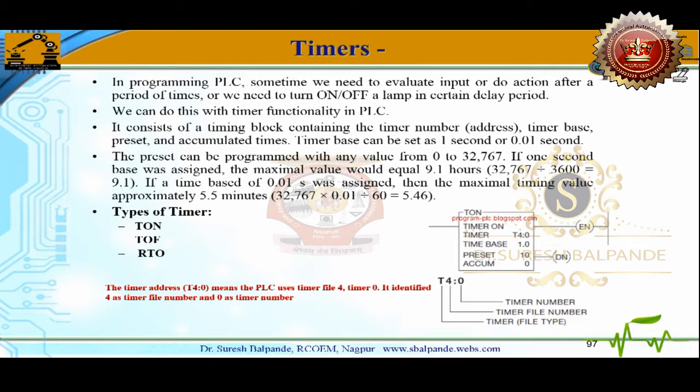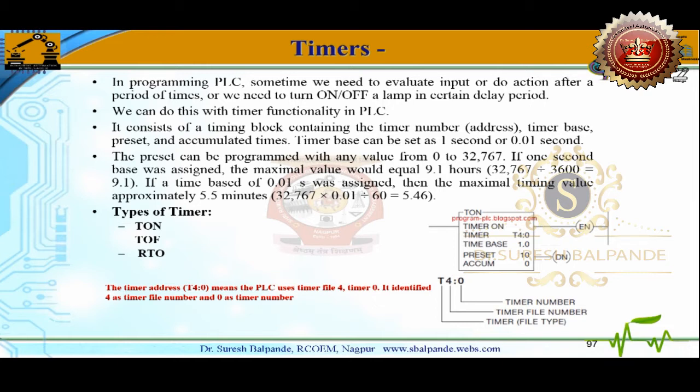Now the limitation or problem of TON and TOF is that whenever there are some glitches or some interruption in the input, the value stored in the accumulator, which retains the current intermediate value, gets cleared. And that is why these timers are not good for some real-time operations.